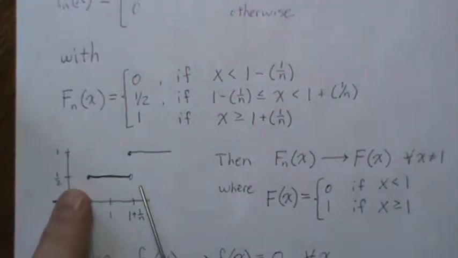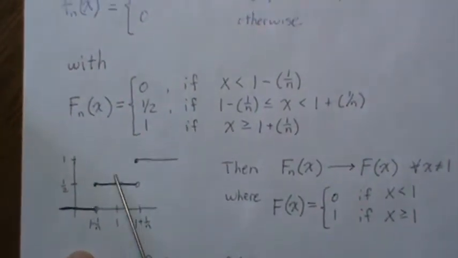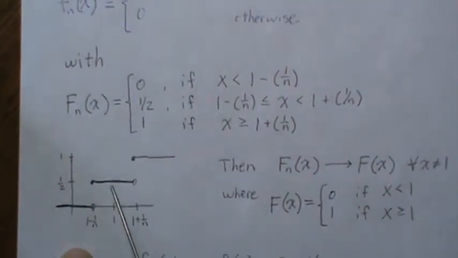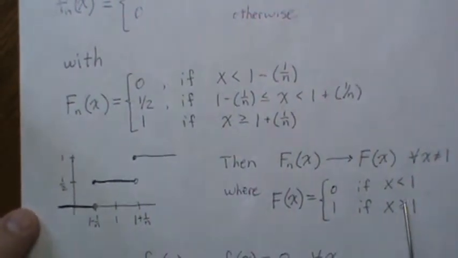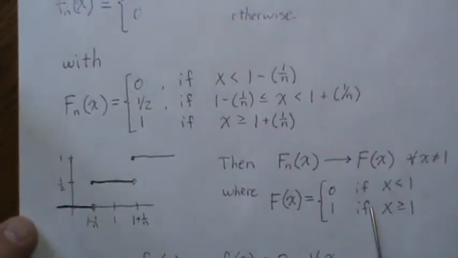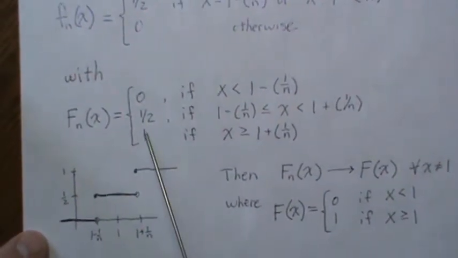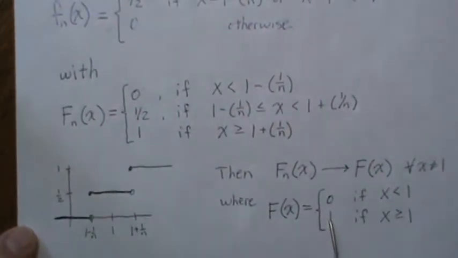As n increases, those steps go down and eventually go away. So it's ultimately this CDF: 0 if x is less than 1, and 1 if x is greater than or equal to 1.